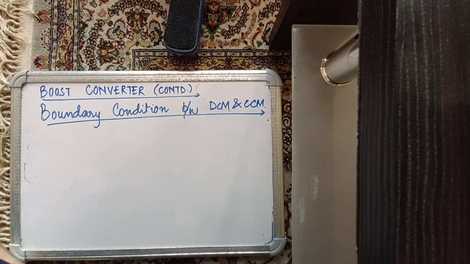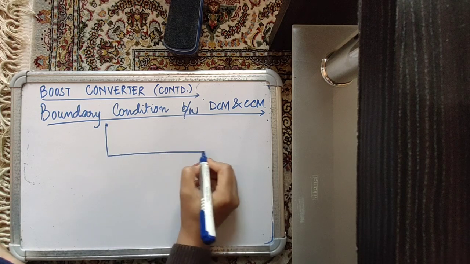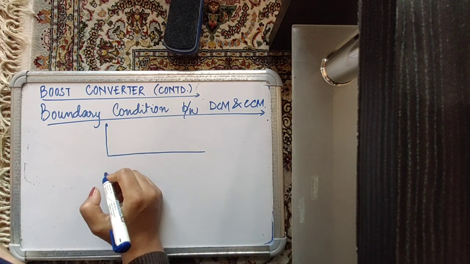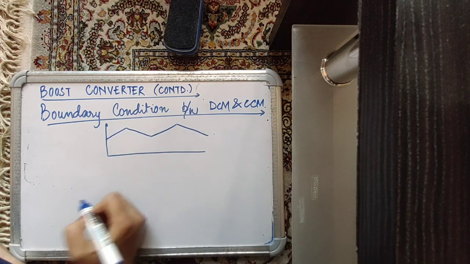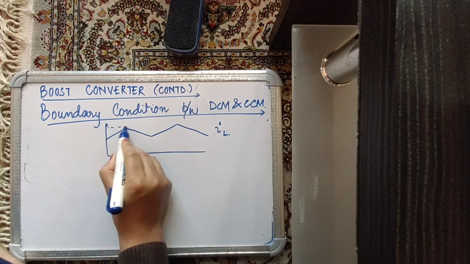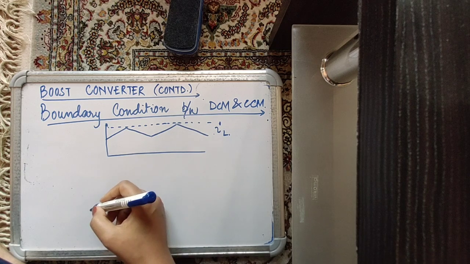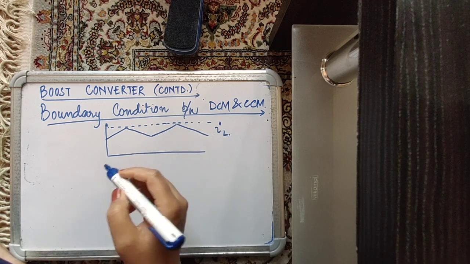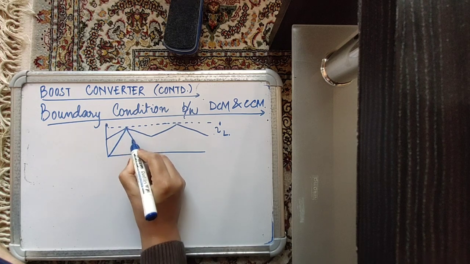So we know that DCM and CCM is determined by the inductor current. Now your inductor current can be in CCM, right? So this is your inductor current in CCM, and assuming the same peak inductor voltage, your inductor current when it goes into DCM will look something like this.